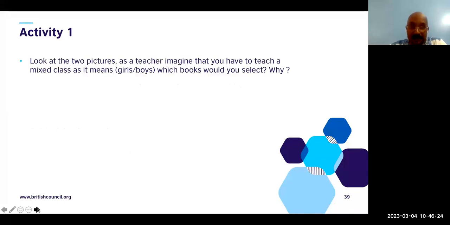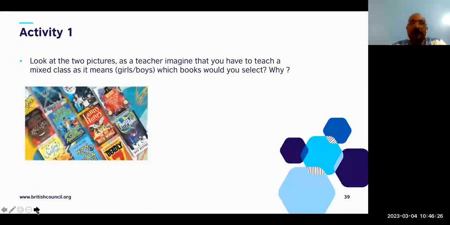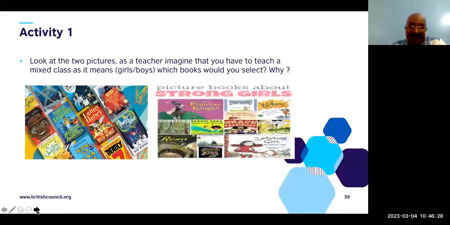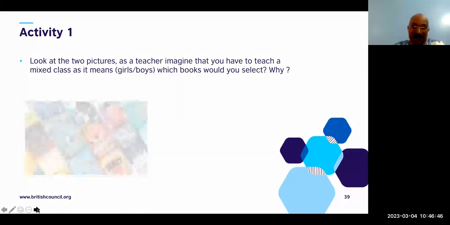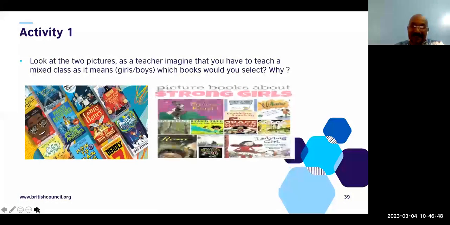Here we have an activity. Look at the two pictures. As a teacher, imagine that you have to teach a mixed class, meaning girls and boys. Which book would you select, and why?